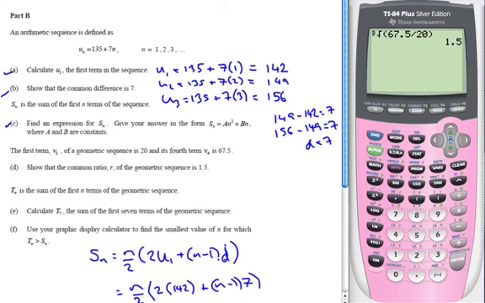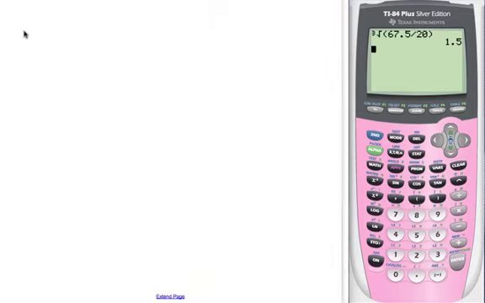What's the next bit? Okay, Tn is the sum of the first n terms of the geometric sequence. Calculate T7, the sum of the first 7 terms. So Tn is going to be u1 times r to the power of n minus 1.